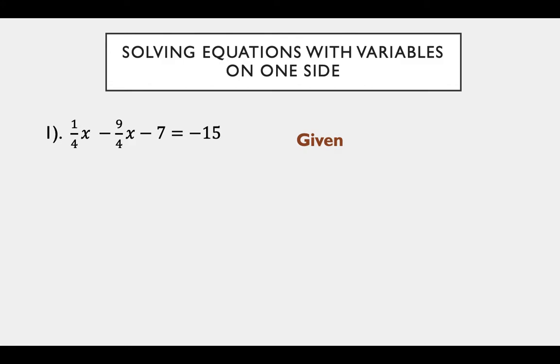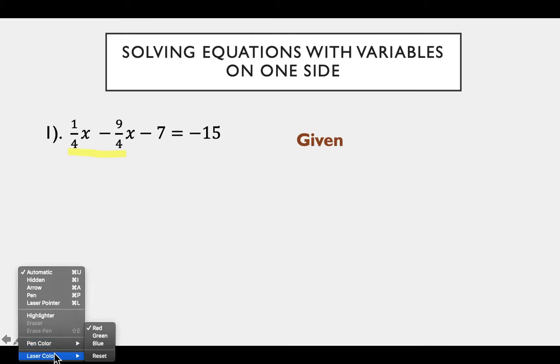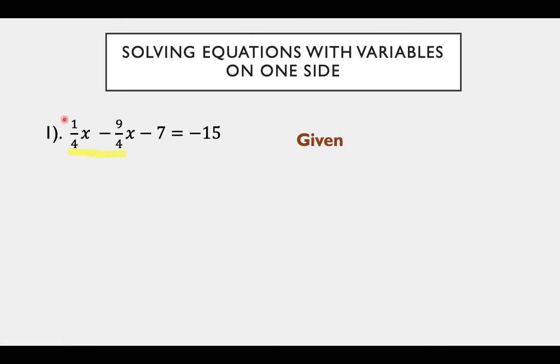Next, you want to combine 1 over 4x minus 9 over 4x. Notice how your denominators are the same, so all you have to do is focus on your numerators. If I subtract 9 from 1, remember this is subtract, so 1 minus 9 is negative 8 over 4x.